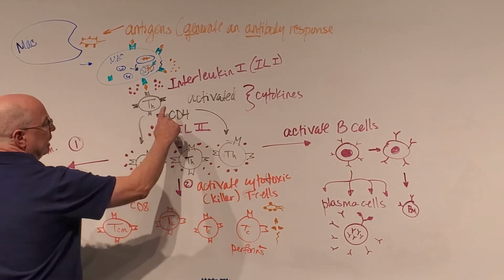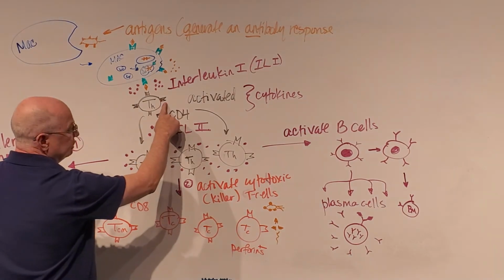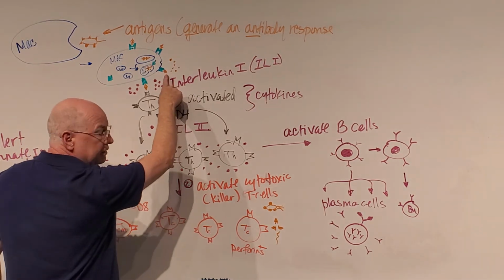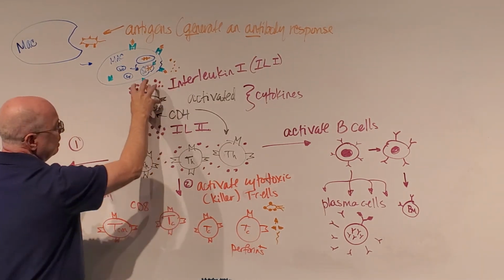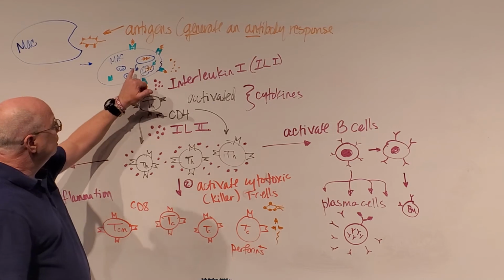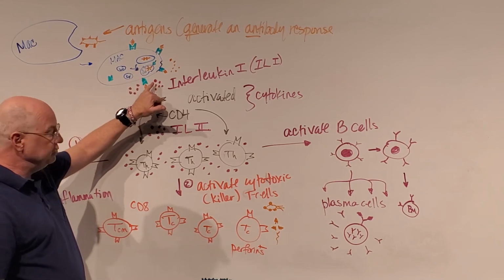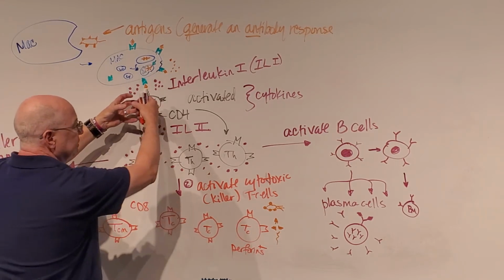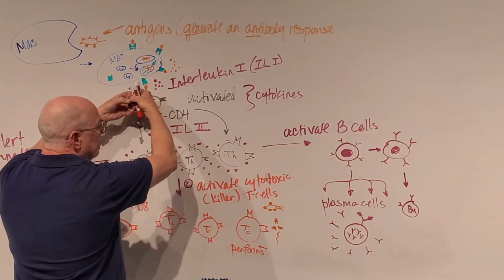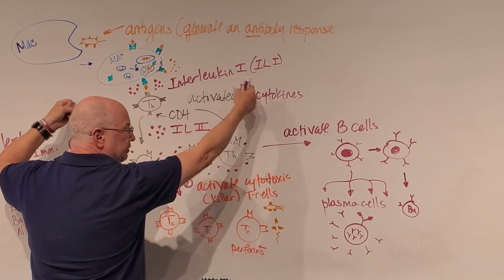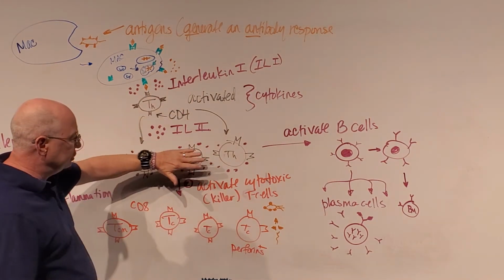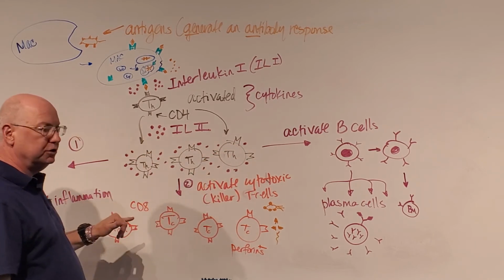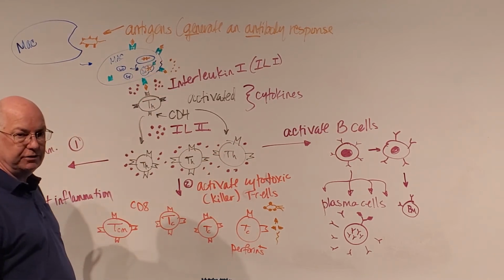And when a T helper cell that has a CD4 molecule on its surface that will bind to that same specific antigen, when they communicate with each other, the macrophage releases interleukin-1, that tells the T helper cell to release interleukin-2, and the T helper cell will become activated and it will start to divide rapidly. And all of its offspring have the exact same CD4 molecule against that exact same invader.